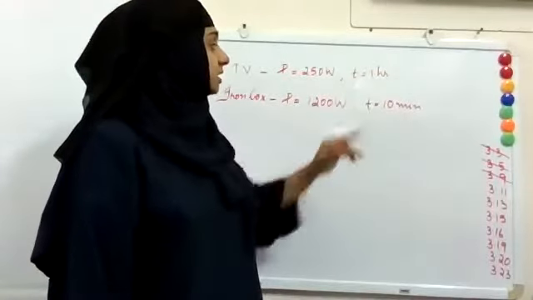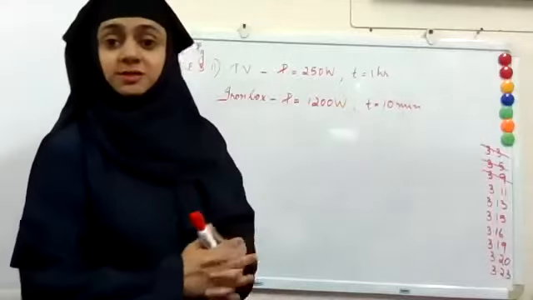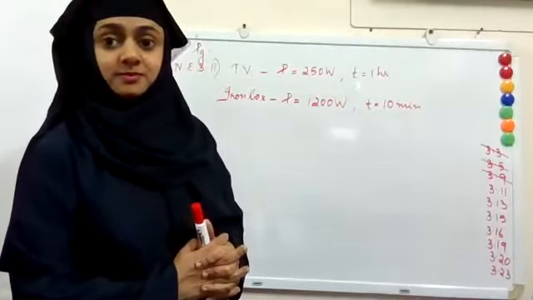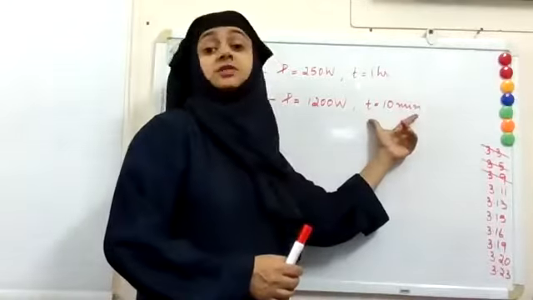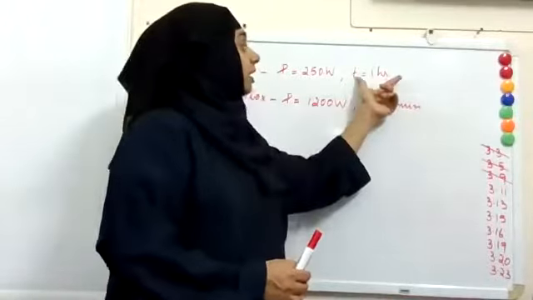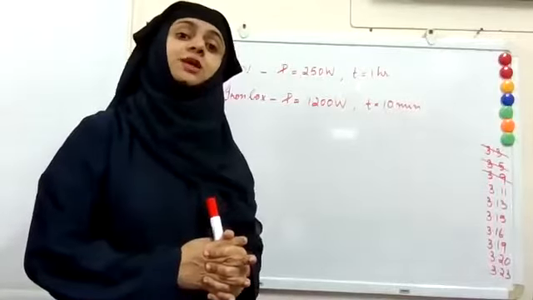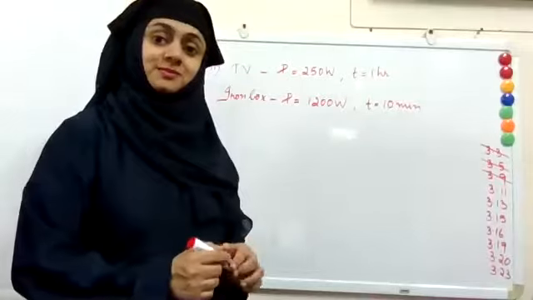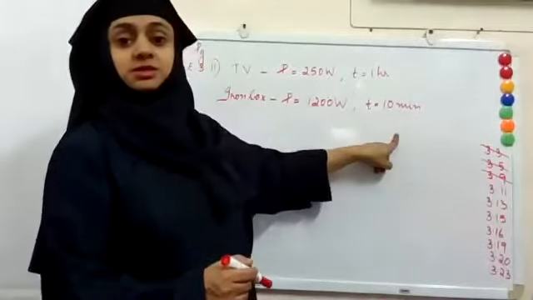Which is easier, to convert minutes to hour or hour to minutes? Minutes to hour, you will have to divide with 60. Hour to minutes, you will have to multiply with 60. Which is easier, multiplication or division? Multiplication of 60 is easier, or 10 by 60 is easier to do.